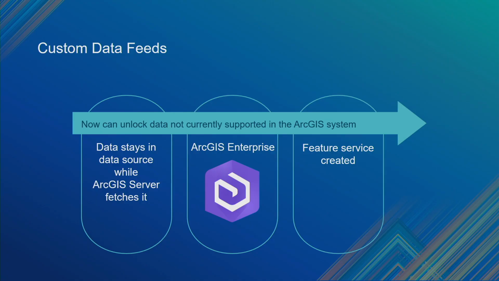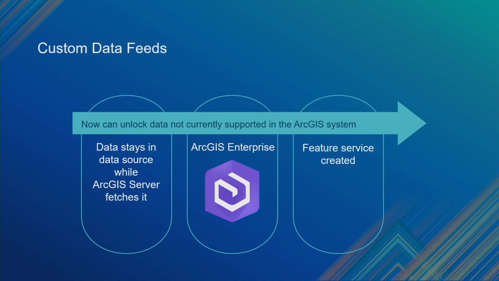A couple of examples for this would be a retail company that wants to visualize their customer ratings and reviews from Yelp. They develop a custom data feed that fetches this information using the Yelp Fusion API, and that integrates right into ArcGIS Enterprise, into their full GIS system. Another example would be an environmental agency that needs to access real-time sensor data from remote weather stations.